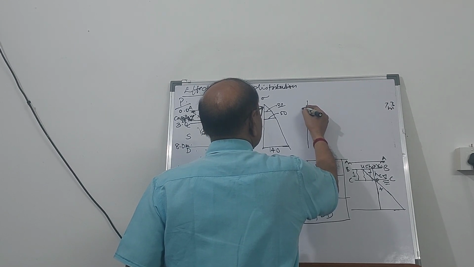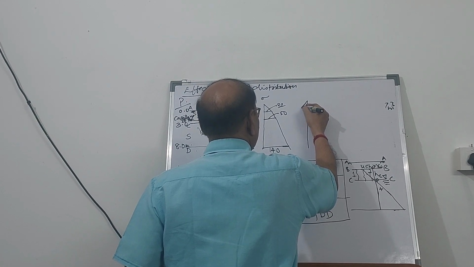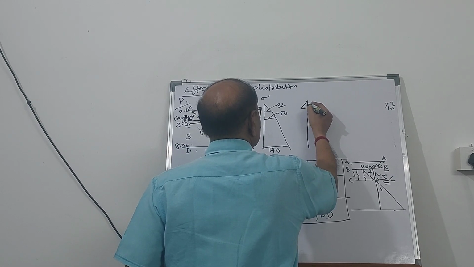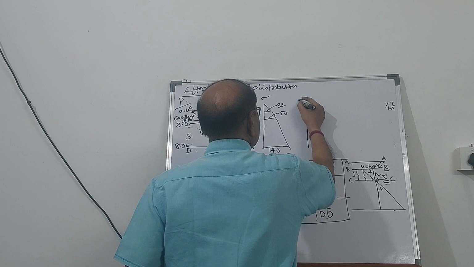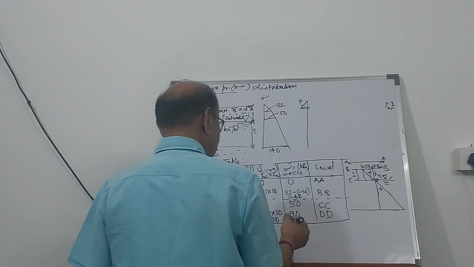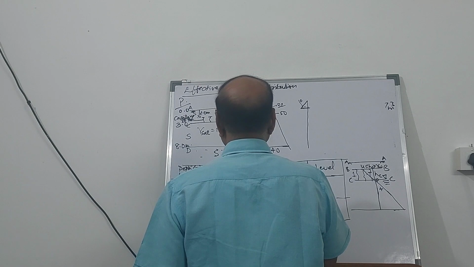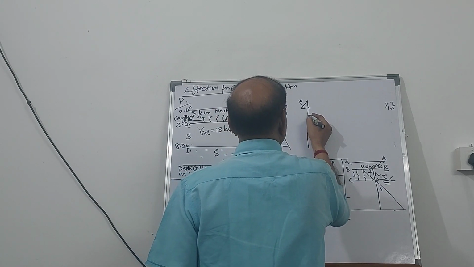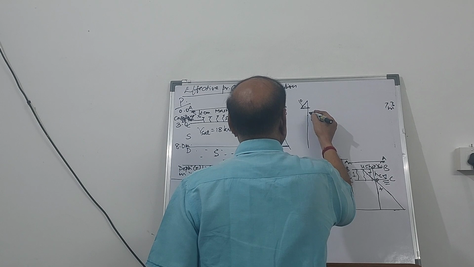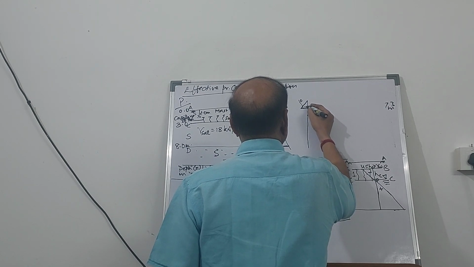So 0 to minus 10, the pore water pressure. And then at CC, that is at this level, it becomes now 0.